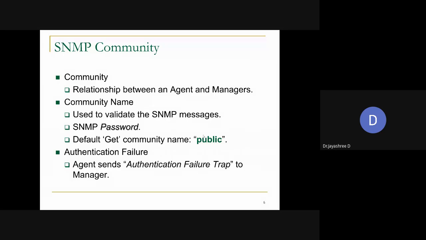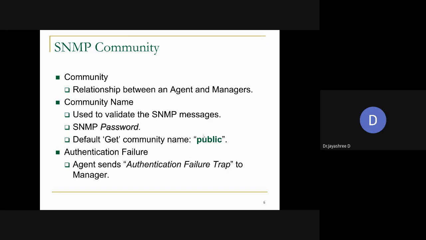That is not a very secure message; it is not real security we are providing. We are just saying authentication is not acceptable because you are not the one who is the manager. You have a public name, you are the manager, and I am the agent, communicating through a community called public. That is one way of denying authentication.